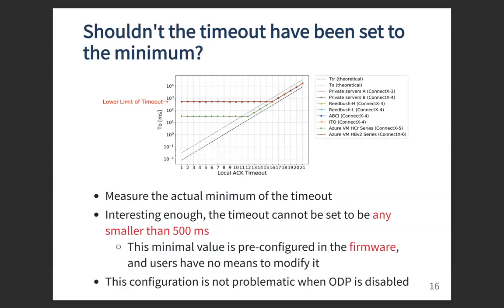This minimal value is pre-configured in the firmware, and users have no means to modify it. The true reason why Infiniband is configured in this way is unclear, but we suspect that this configuration does not affect the performance in the general usage of Infiniband. This anomaly appears only when ODP is enabled.